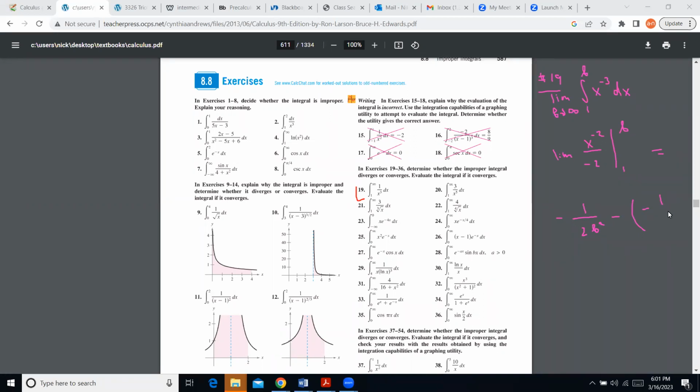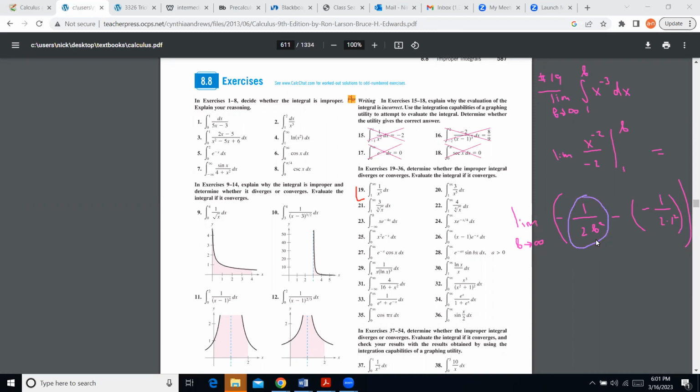So it'll be 1/2 times 1 squared, right? And then I take the limit of this, see what happens. And actually, you can take the limit at this stage when b is approaching infinity. So that first fraction is going to disappear, turn into 0.